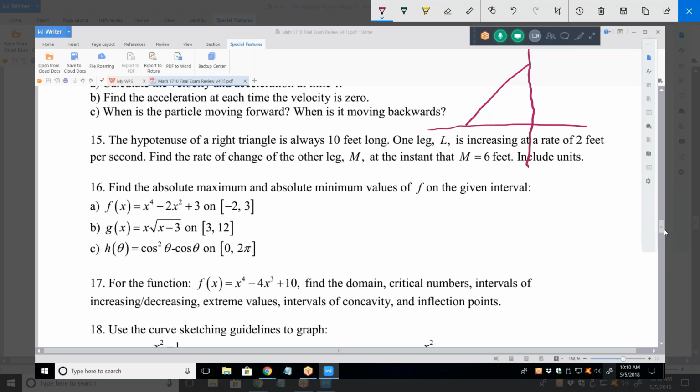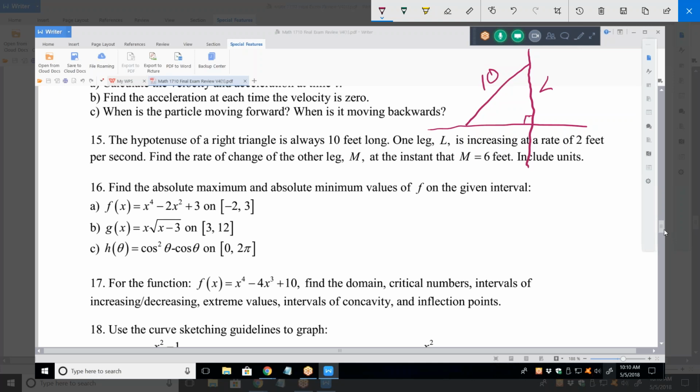There's our right triangle, the hypotenuse is 10 feet long. One leg, we'll call it L, is increasing at a rate of 2 feet per second.